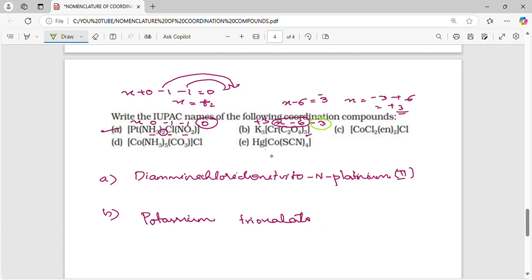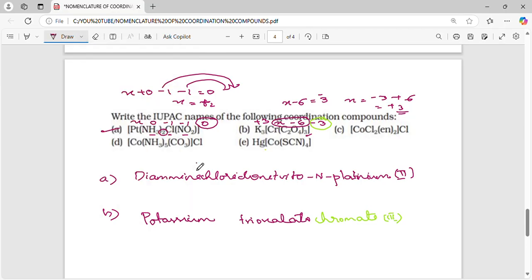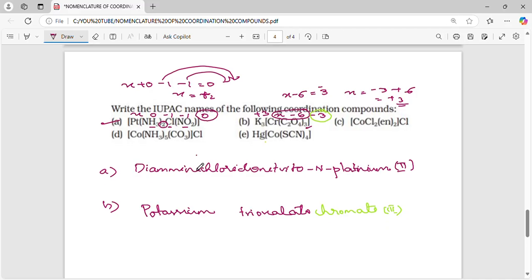The negatively charged coordination sphere, the central metal atom name is to be changed to chromate. Not chromiumate, it is chromate. And finally write the charge inside the bracket, +3, so it is Roman letter 3. So we gave space only between the word inside the coordination sphere and outside the coordination sphere. Inside the coordination sphere, no space.